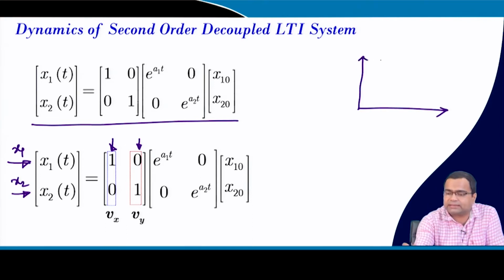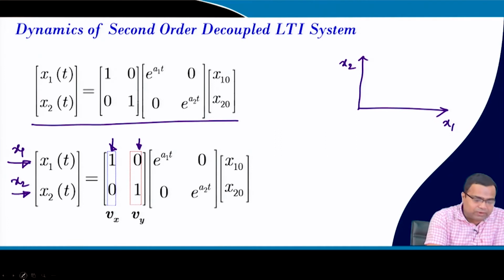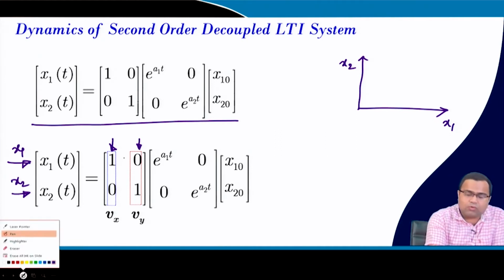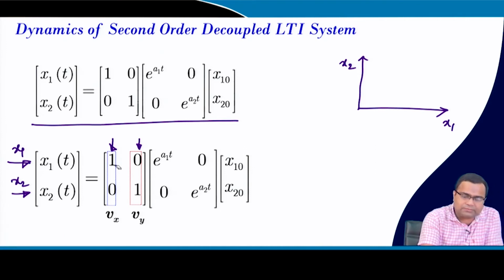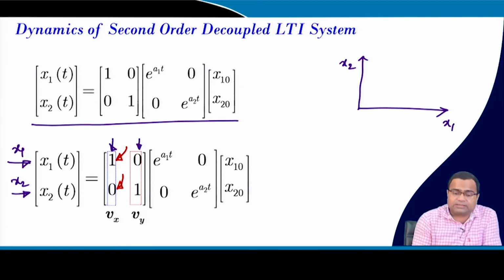That means, if we draw the x1 x2 axis, then we are interested to know what is the component of this vector along the x1 axis, along the x2 axis. Similarly, what is the component of the other vector along the x1 axis, along the x2 axis.